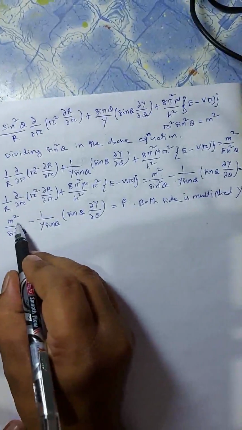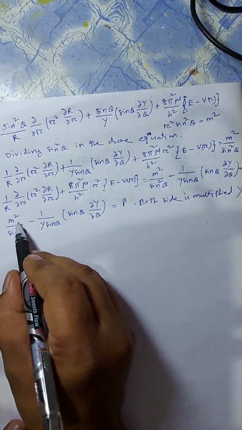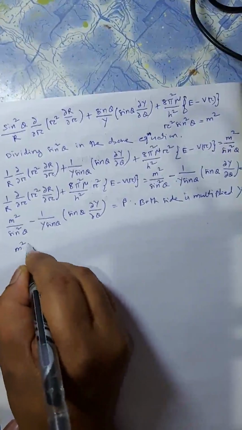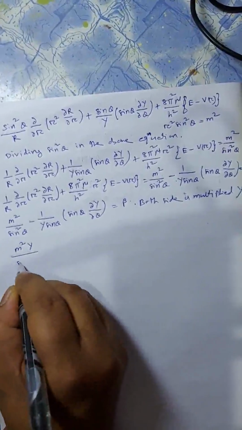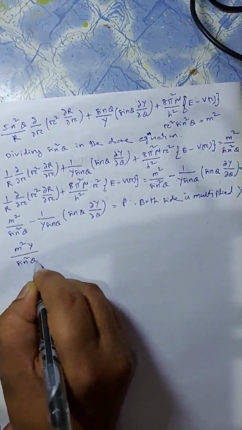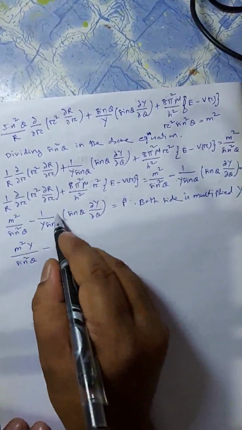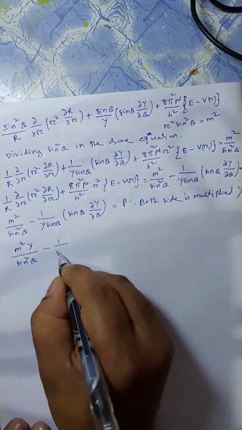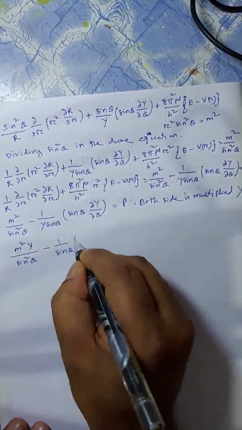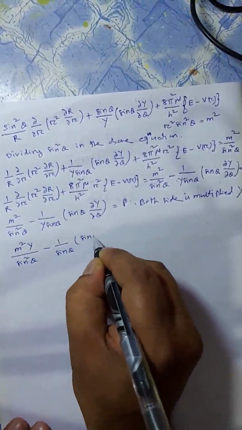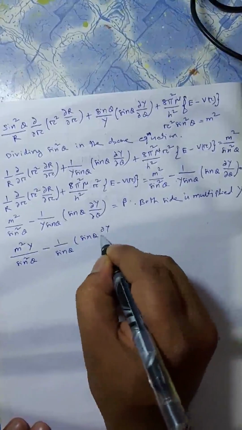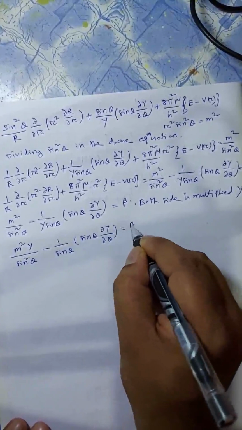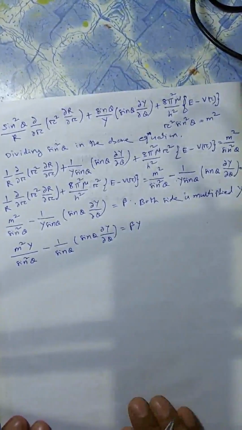Here y is remaining, m r square y by sin square theta minus, when you multiply by y, this y cancels, we get 1 by sin theta dou y by dou theta. Both sides we have to multiply by y.